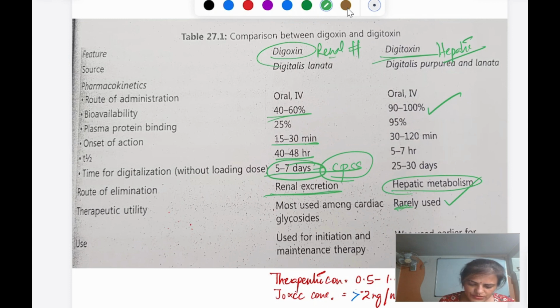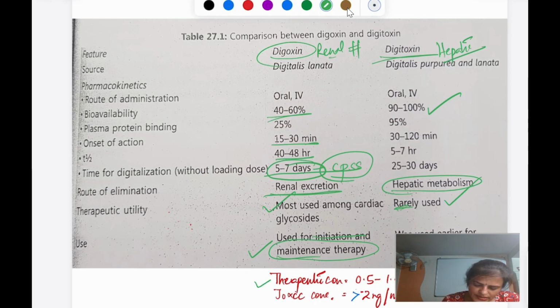So the only cardiac glycoside which is used clinically is digoxin. It is used for initiation where CHF is associated with atrial fibrillation, and maintenance where the person has CHF with systolic dysfunction, where the cardiac output is not sufficient. There we use digoxin.